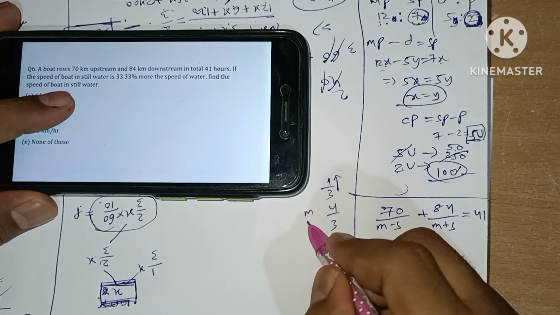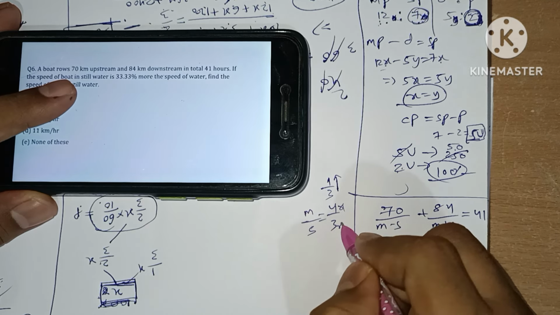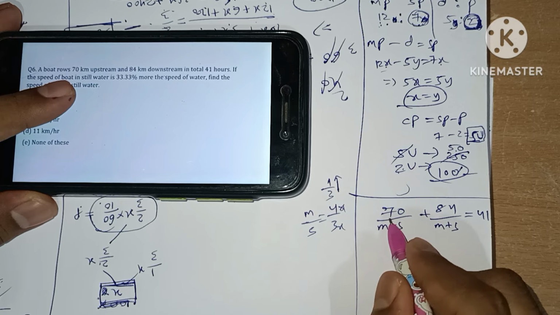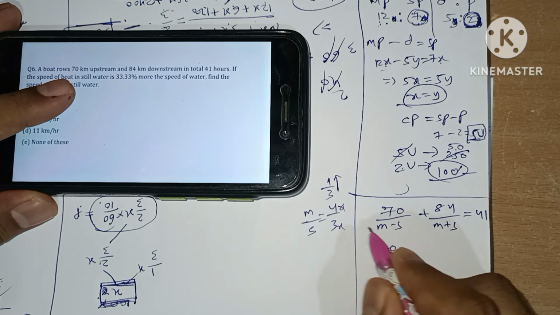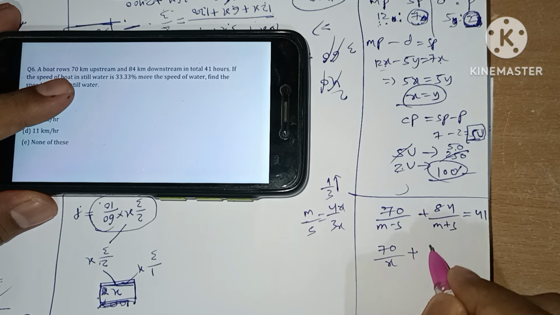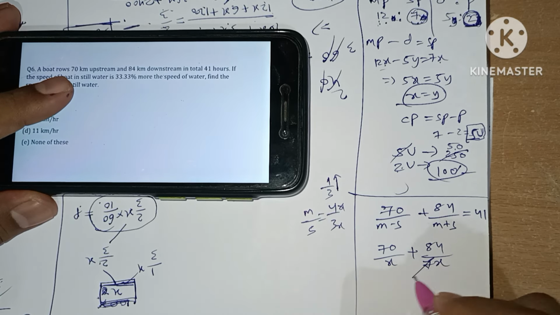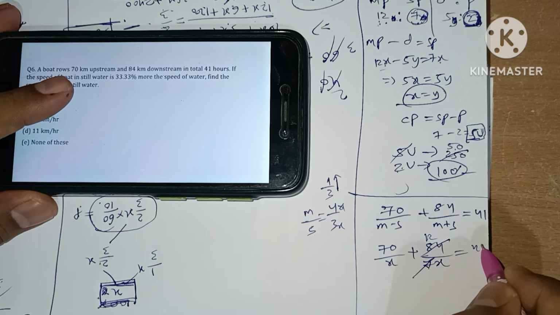Talking about m and s. M and s values are given as 4x and 3x. So according to this one, 70 divided by 4 minus 3, which will be x, only x, plus here 84 divided by sum of these two, 7x, 7 12 times equals to 41.